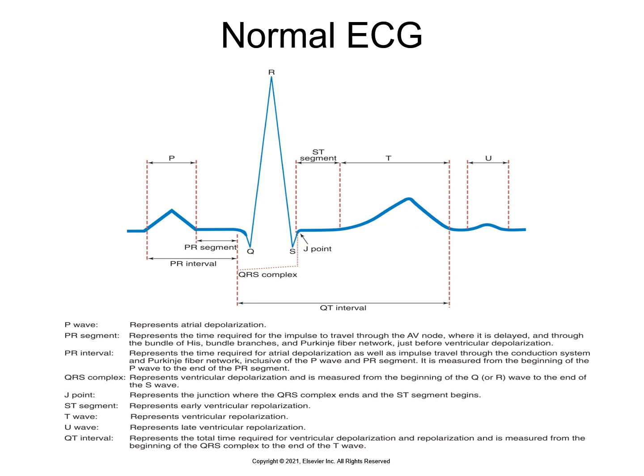The QT interval is the total time required for ventricular depolarization and repolarization, and it's measured from the beginning of the QRS complex to the end of the T wave. So this is a pretty important slide, just so that you can visualize when you're looking at an ECG to see exactly what's going on.